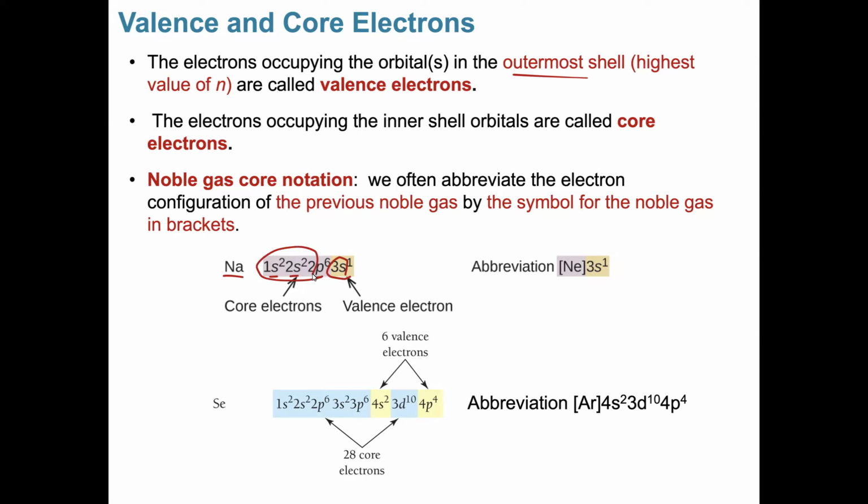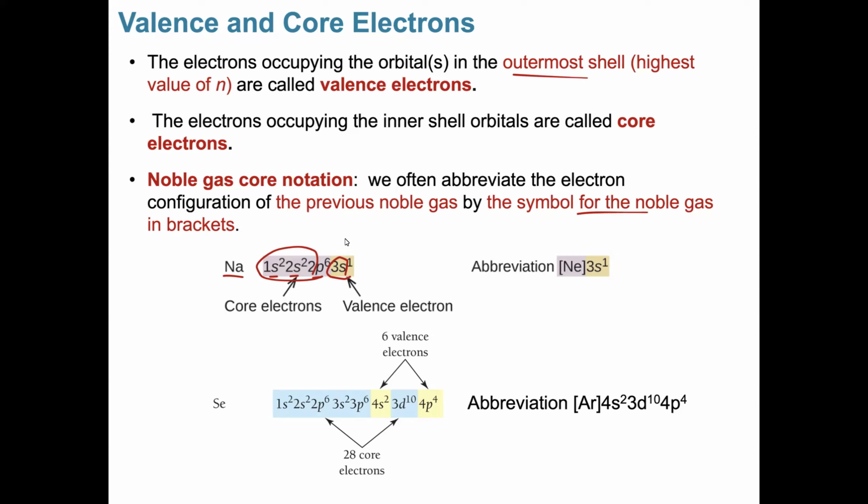So often we can use a noble gas configuration to shorten the way we write electron configuration. We use the noble gas symbol in brackets to represent the electron configuration of the previous noble gas before the element.